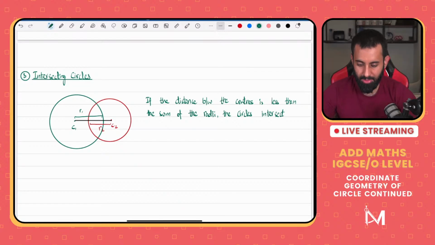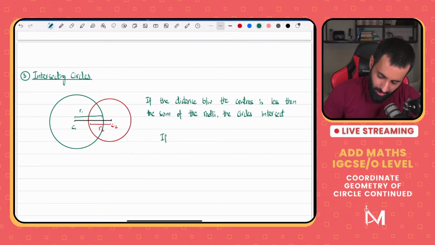Long story short, if C1C2 is less than R1 plus R2, the circles intersect.